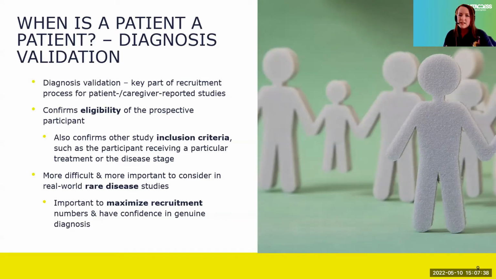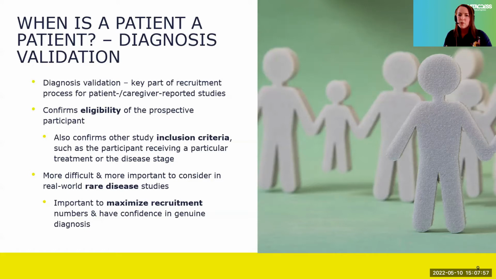Recruitment and validation is particularly important and worth considering in depth when we are conducting real-world rare disease studies. So as we know, the numbers from these patient populations are small. The patients are usually dispersed geographically.